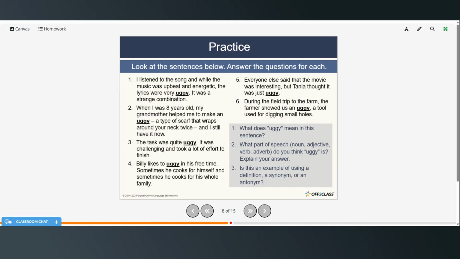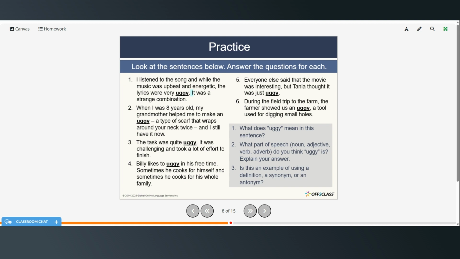And it would be an antonym of upbeat and energetic because we can see that from the statement that follows, it was a strange combination. The combination of upbeat and energetic suggests that ugly is the opposite of that.